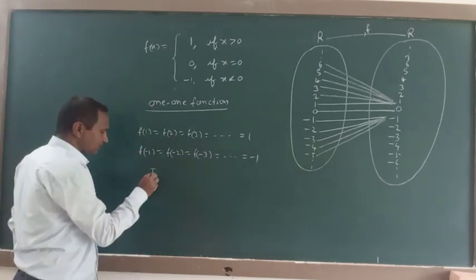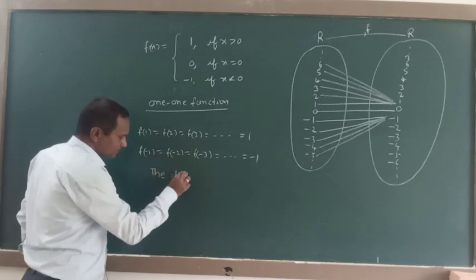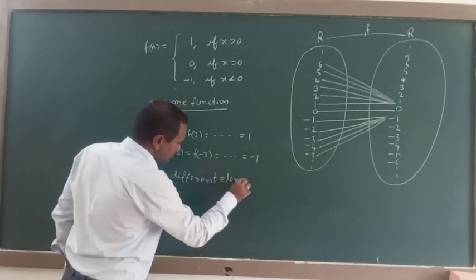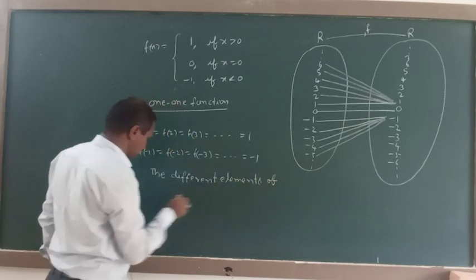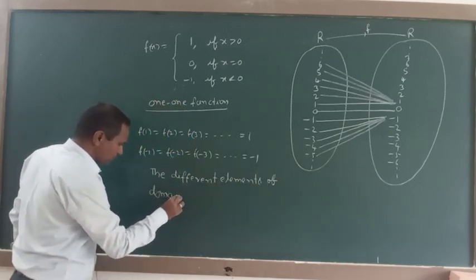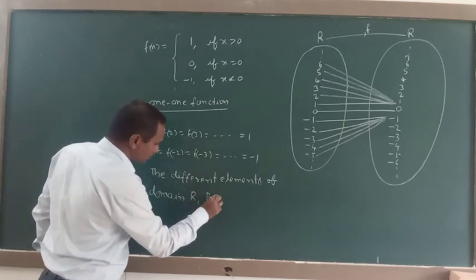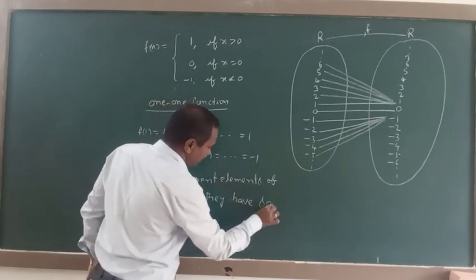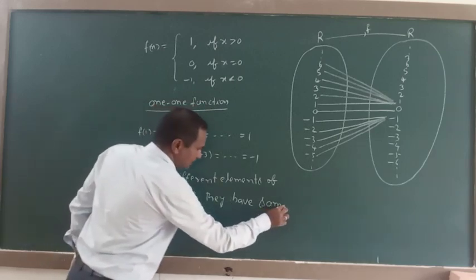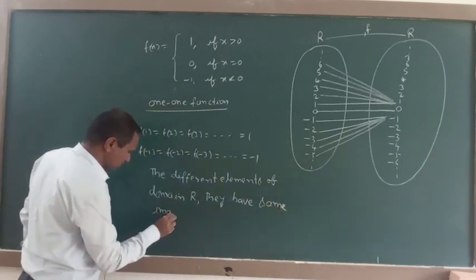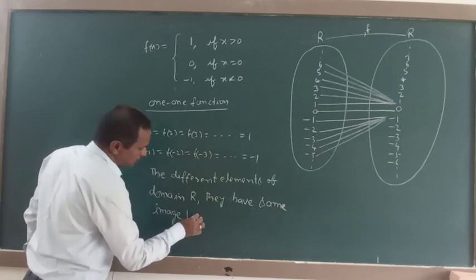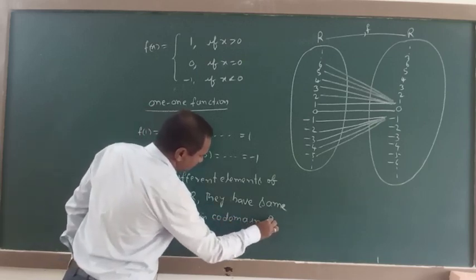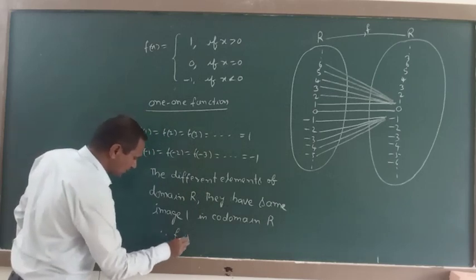In words, the different elements of domain capital R have the same image 1 in codomain capital R. Therefore, f is not a one-one function.